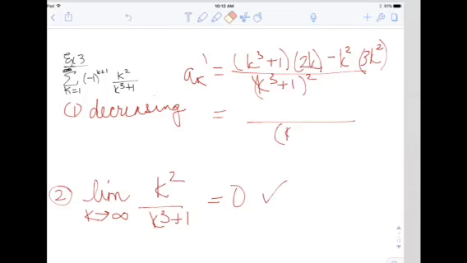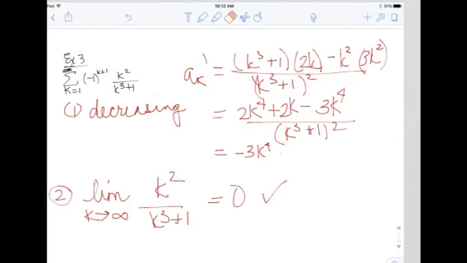The k cubed plus 1 stays on the bottom. That's again still very positive. In the numerator, we get 2k to the 4th plus 2k minus 3k to the 4th. So we end up with negative 3k to the 4th.